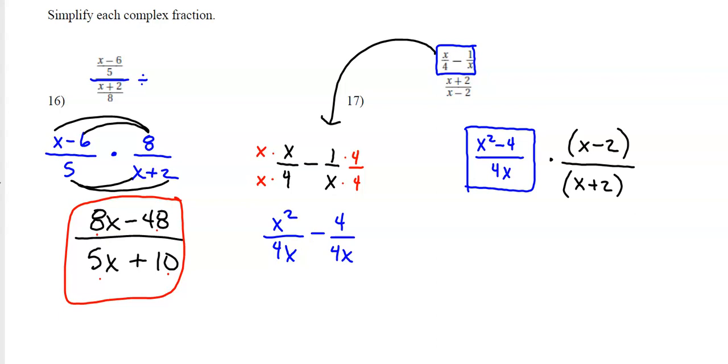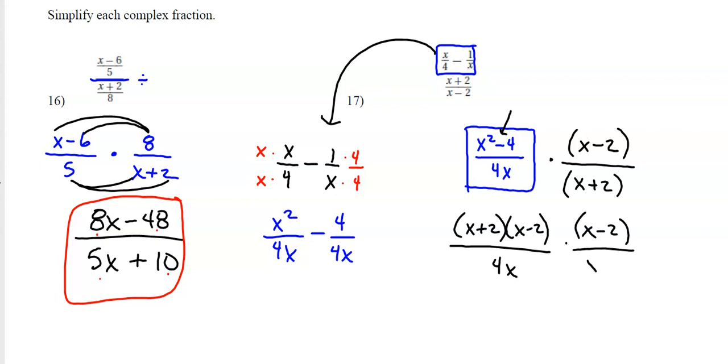Now, you could just start multiplying across here, but I do see a factoring opportunity on this top. So that's just x plus 2, x minus 2. So I just factored that top because I see an opportunity to whittle things down. And I'm going to cancel out this plus 2 and plus 2.